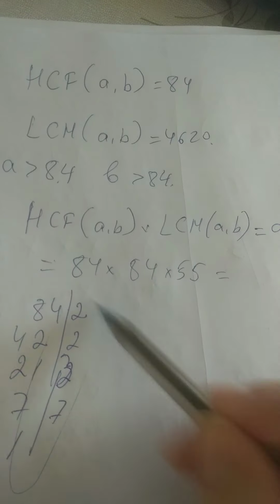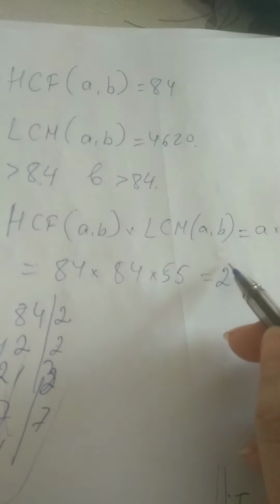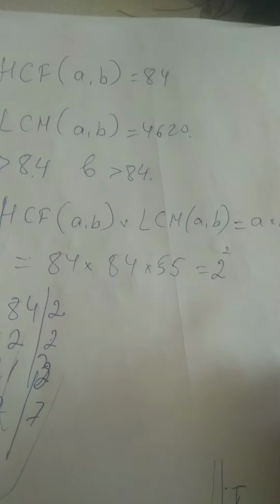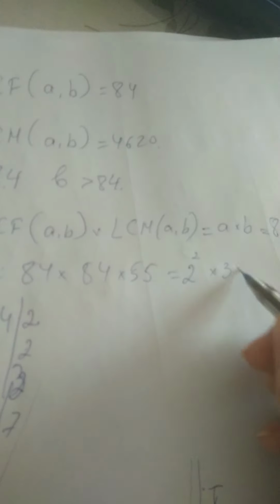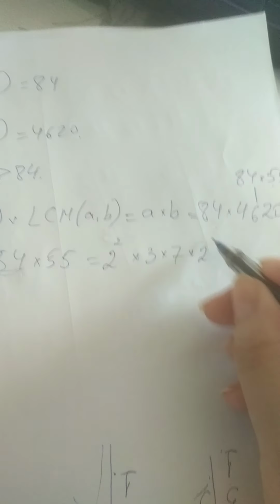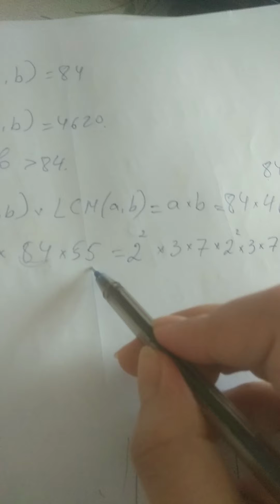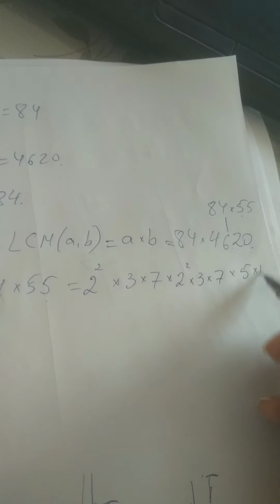So the factors of 84 are 2 power 2, then we have 1 three, and 1 seven. Again, it's 84, so we should write the same thing: multiply by 2 power 2, multiply by 3, multiply by 7. And we know 55 is not prime, so it is 5 times 11.